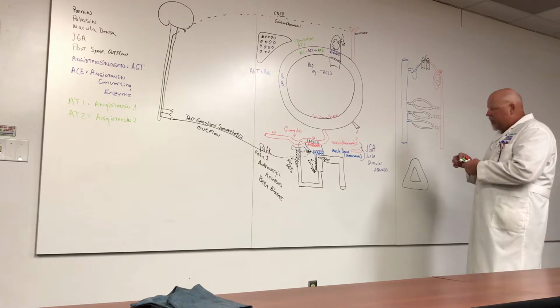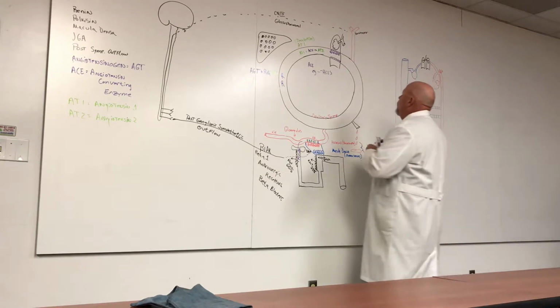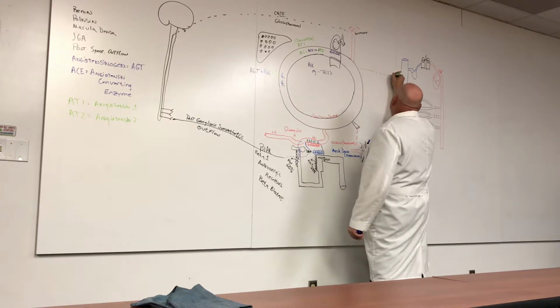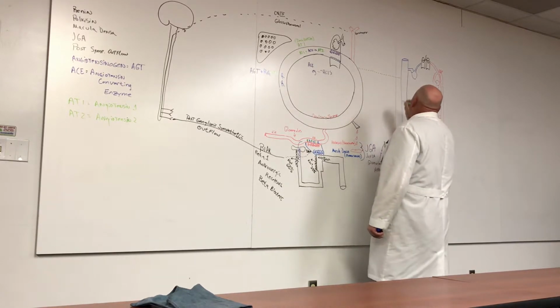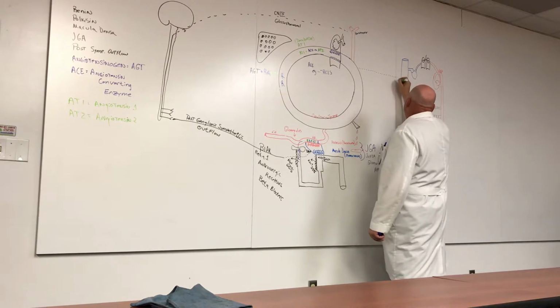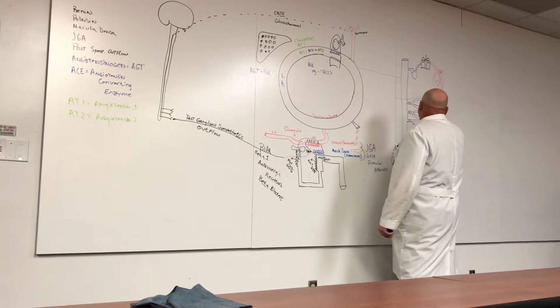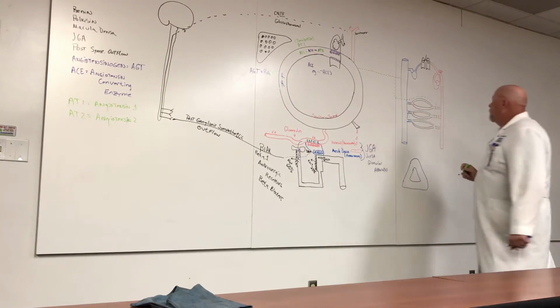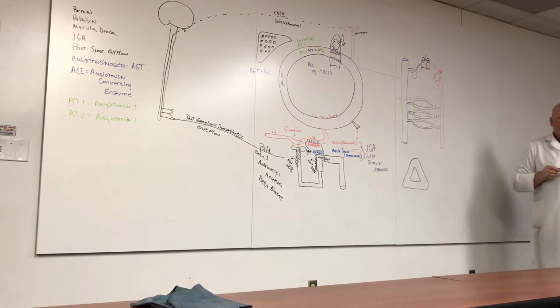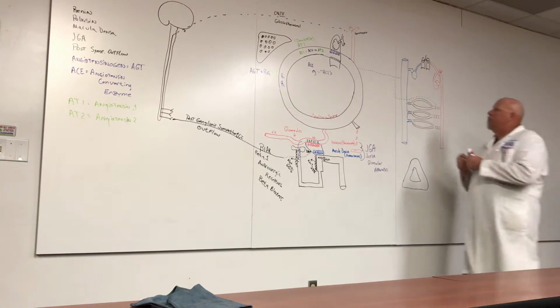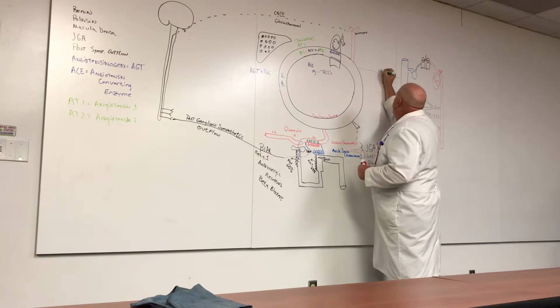All right, so angiotensin 2 then will proceed to where? Circulatory system. Okay, so angiotensin 2 will move over. Well, I guess I have to say one more thing.